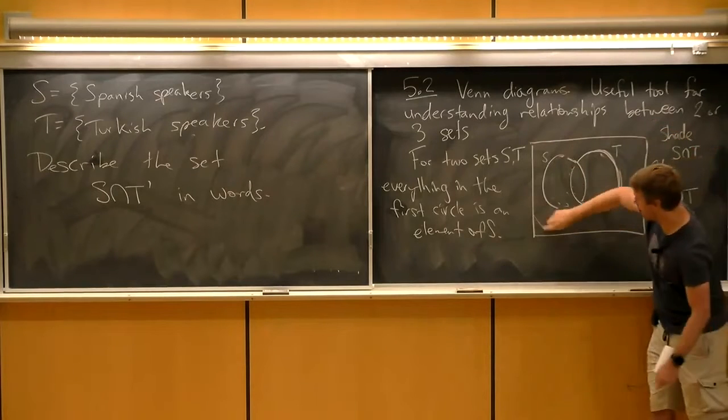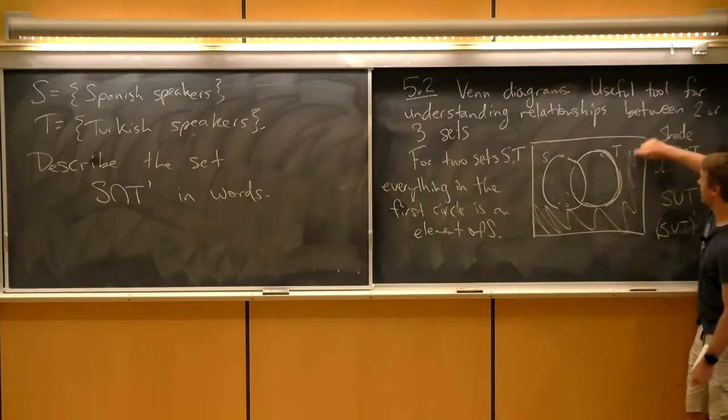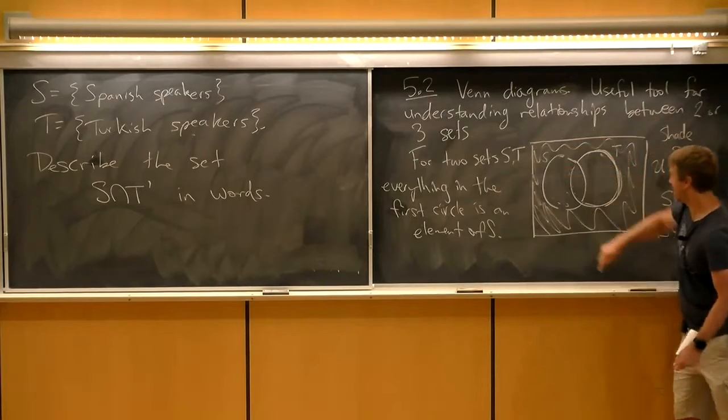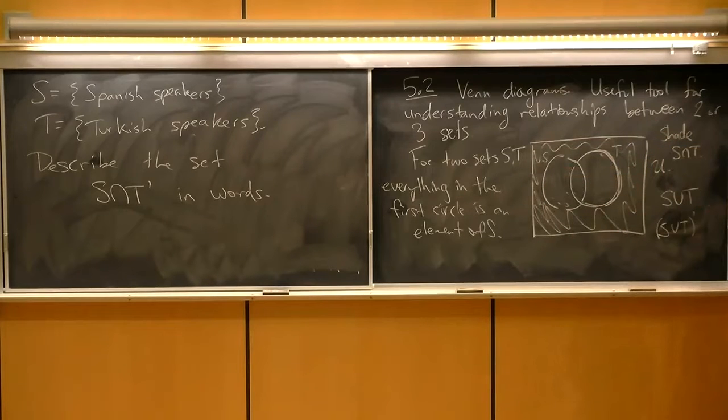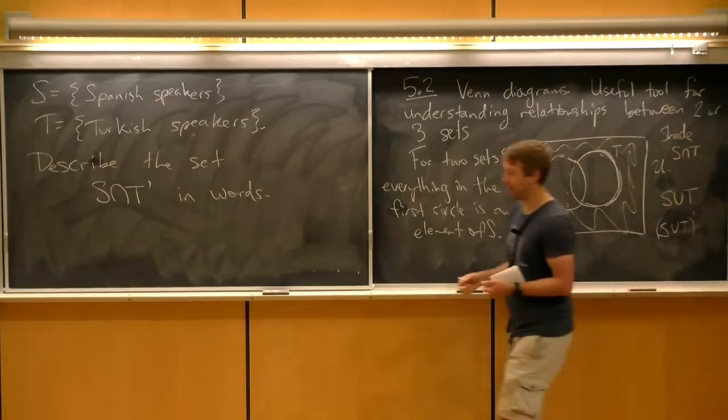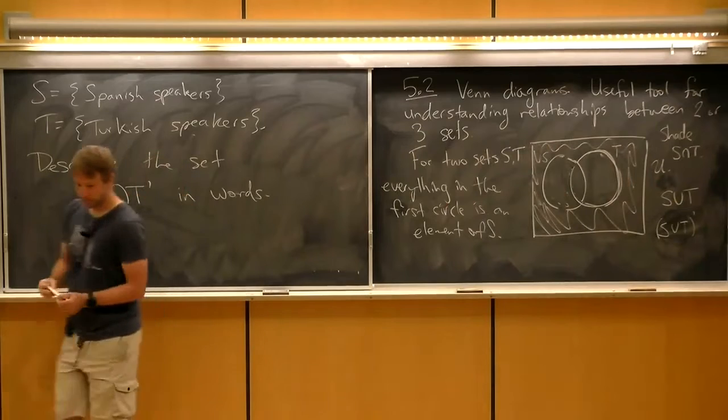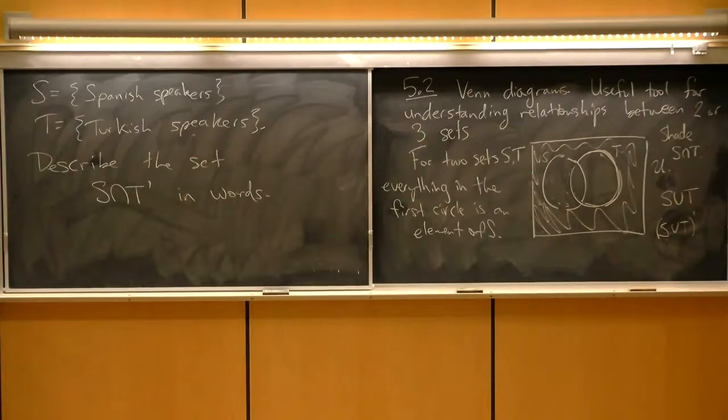So here you would shade everything that's not in the union. And there's zillions of different possible combinations you could have here, and you have to know which regions it represents. Any questions about any of that?